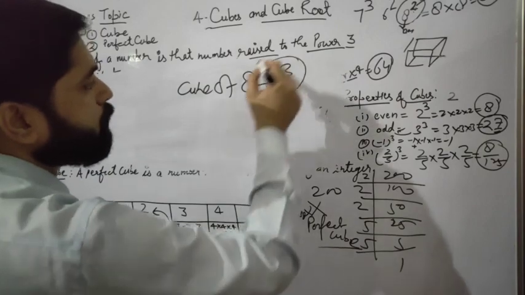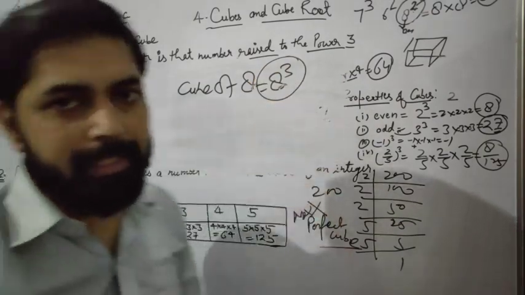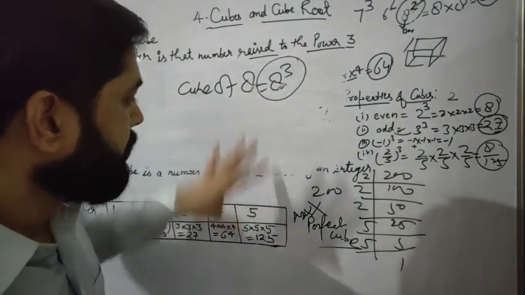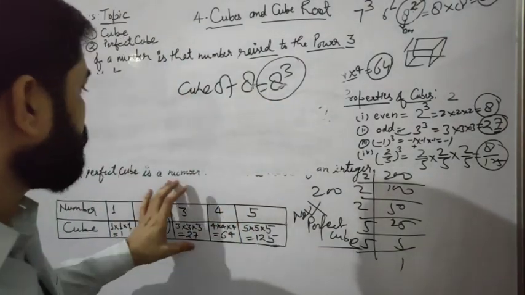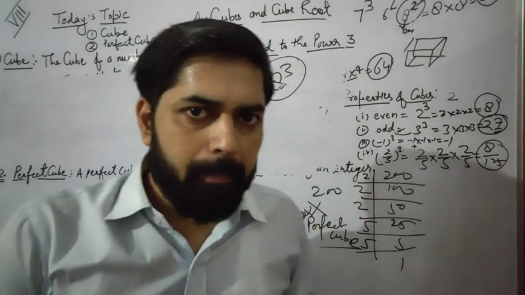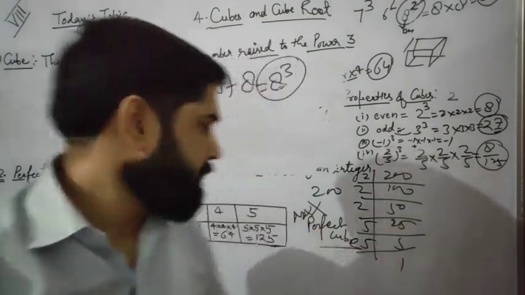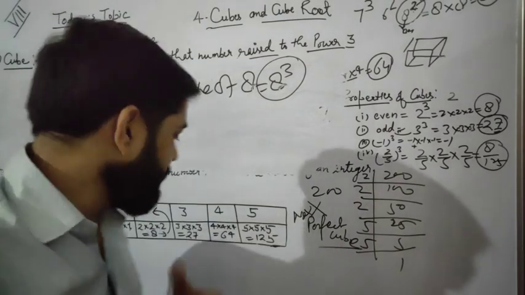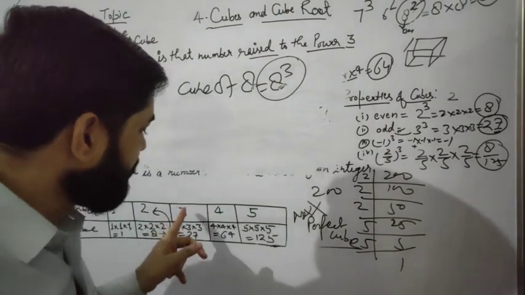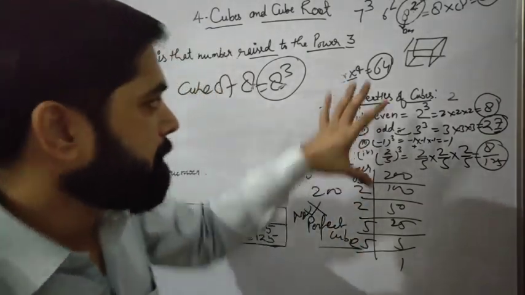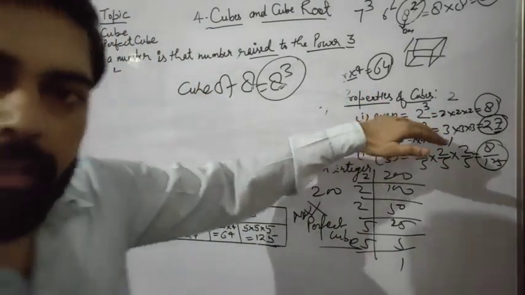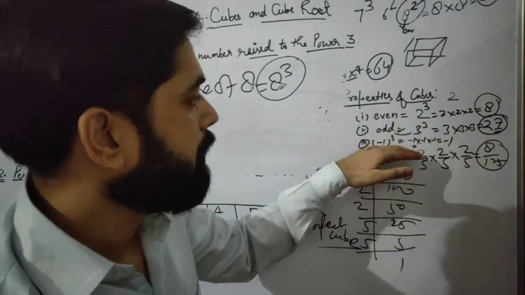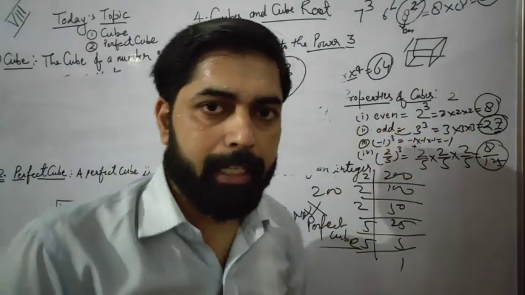This is the cube, and 8 power 3 means 8 multiplied 3 times. Now perfect cube: a perfect cube is an integer that is a number multiplied 3 times. That number is called a perfect cube. And properties of cube: even cube is even, odd cube is odd, negative cube is negative.